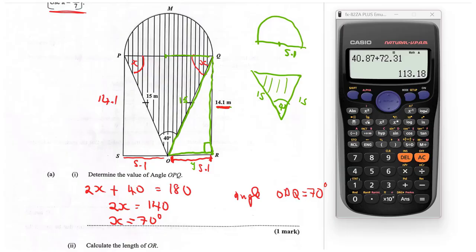So SR is 10.2. Now the next piece of information we need is the arc length PMQ. So this length we need to find. Right, so this is pretty easy, because we know the circumference of a circle already.